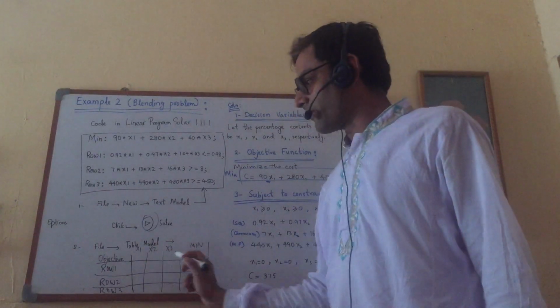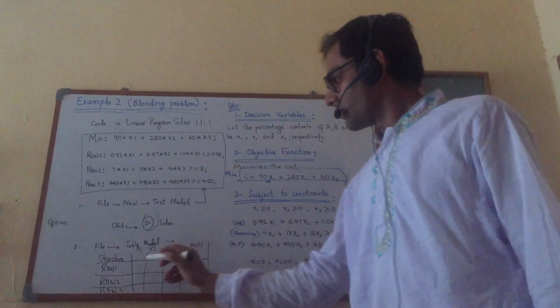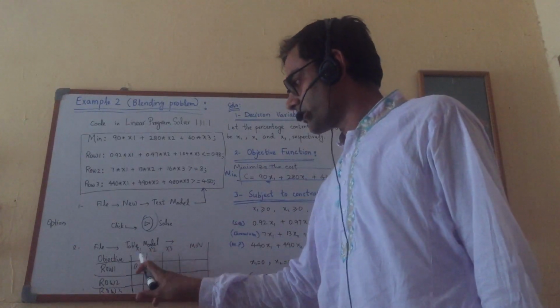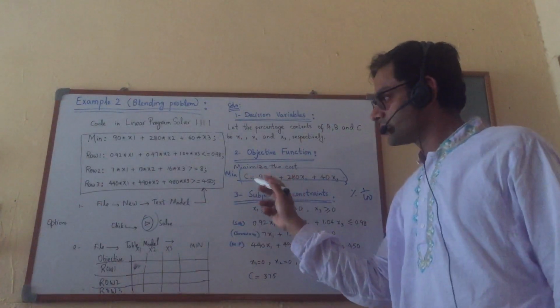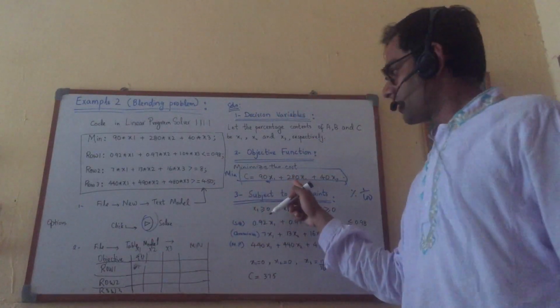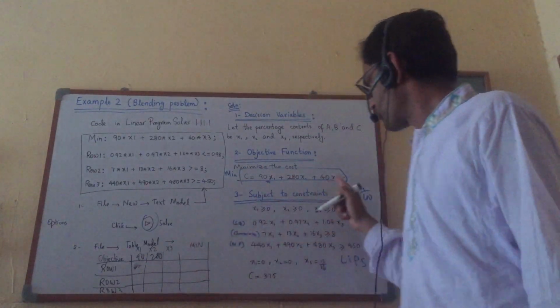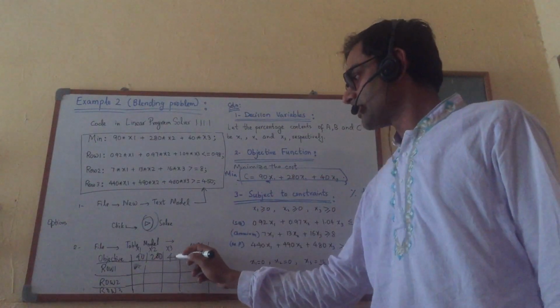You just put in these blanks only the coefficients. Our objective function is 90 times x1, so 90. The coefficient of x2 is 280, the coefficient of x3 is 40.